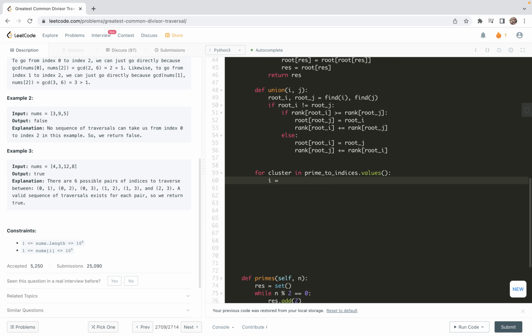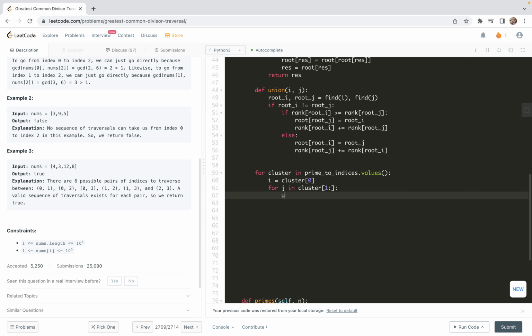So otherwise, if this relation is strictly less, we are going to do it in the reverse direction, right? So we set the root of root I to be root G, and then we increment the rank of root G by that of root I. So this is the union operation.